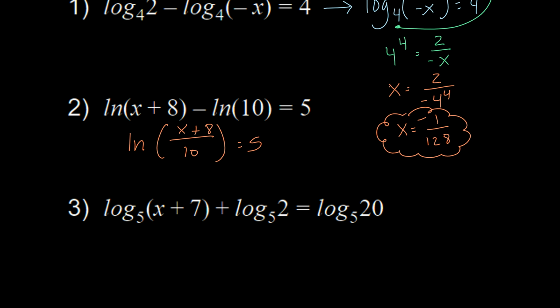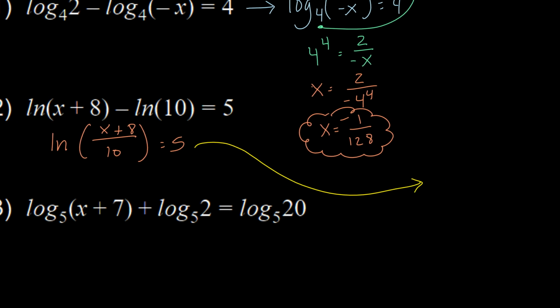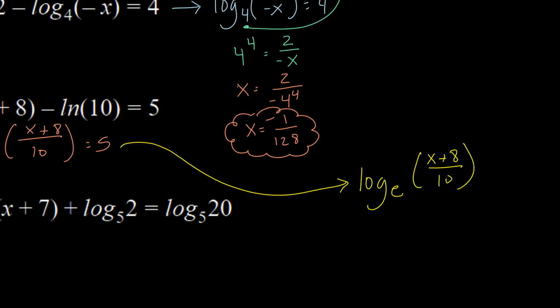Now, what is this written in log form? Good. You can change ln for log base e. This just makes it easier to log roll. So now I start with my base, which is e, and I roll towards the equal sign and around. So I have e raised to the 5th power is equal to x plus 8 over 10.